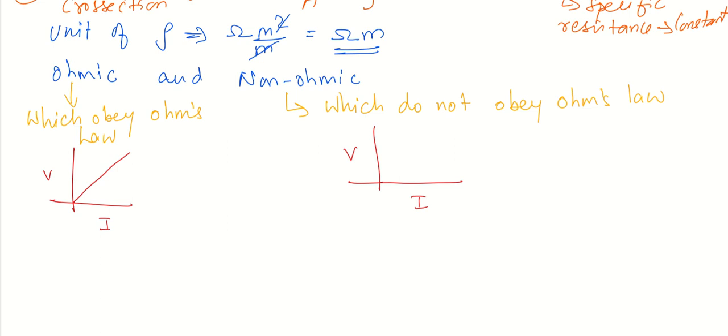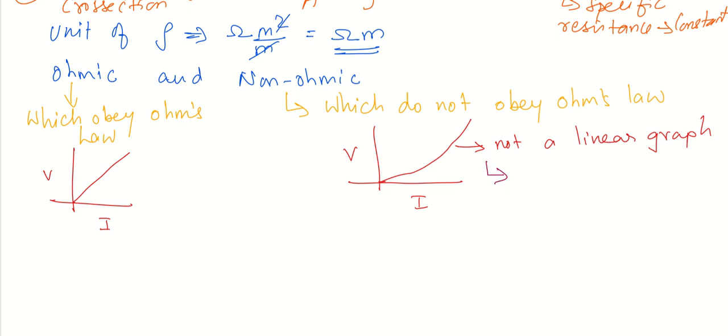It can be anything. It can be something maybe like this, okay, a curve. So not a linear graph at all. Now what sort of substance behave as non-ohmic? That is a question.